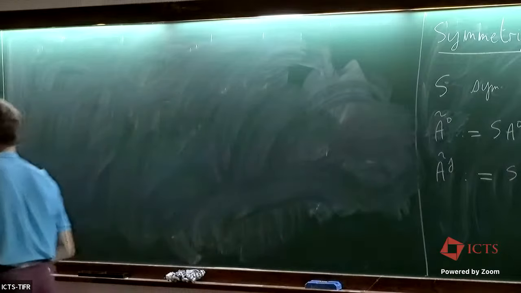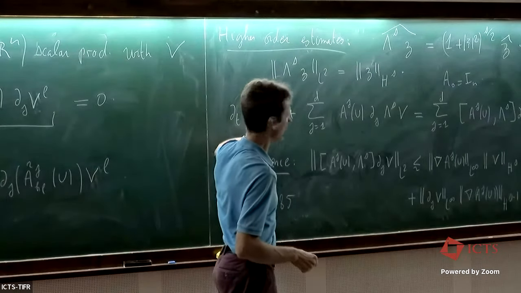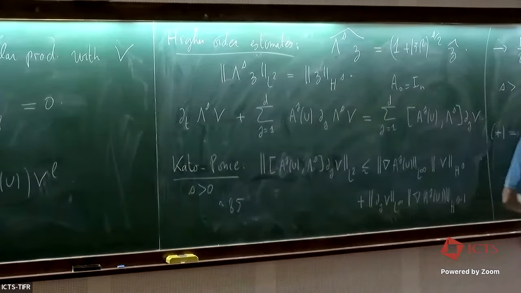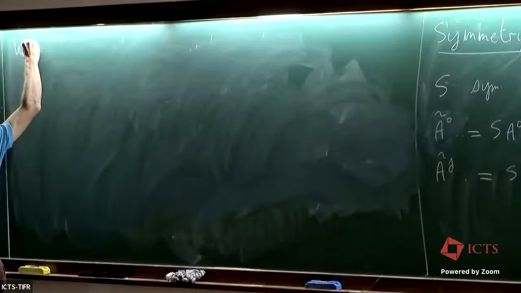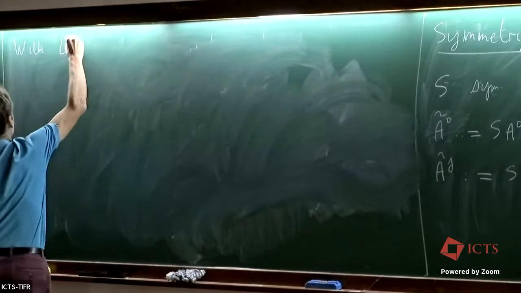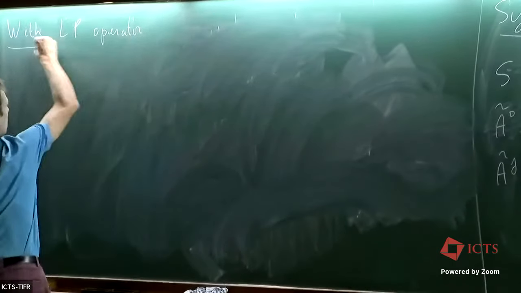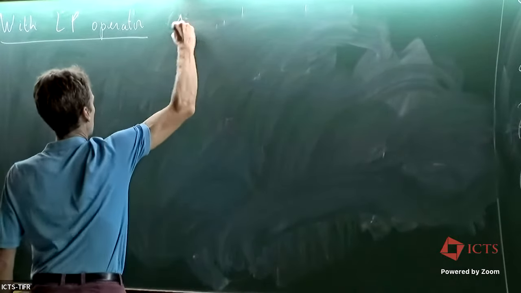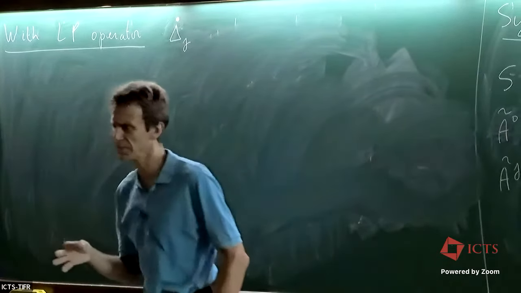The spirit is the same, except that instead of applying this operator lambda S to the equation, I will apply the Littlewood-Paley operator, delta J. In fact, in this context, I will do it with homogeneous ones, which are not exactly adapted to this context.